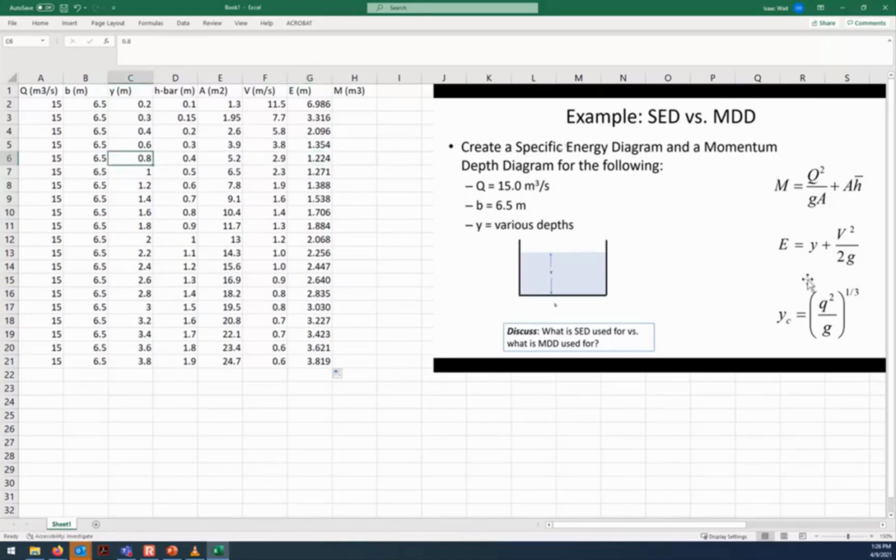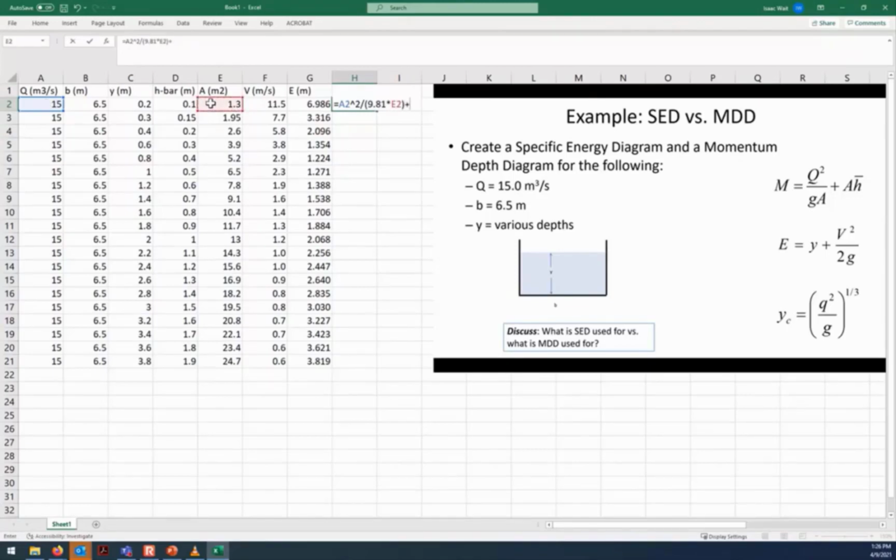But before, let's also calculate the momentum function, M. That is Q squared divided by G, 9.81, times the cross-sectional area of the channel. That's the first term of the momentum equation.